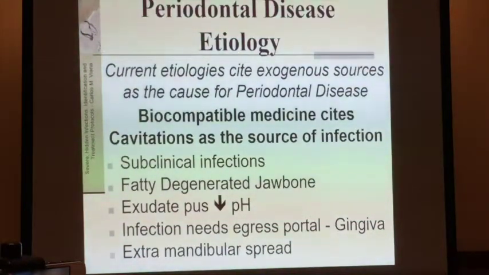And I've been looking at periodontal disease as subclinical infections that are actually coming from cavitations, jawbone infections. These infections then are exuding a very acidic pus that needs an egress portal that's coming out of the gingiva, and it's also spreading sideways.